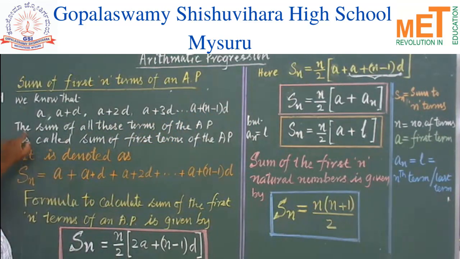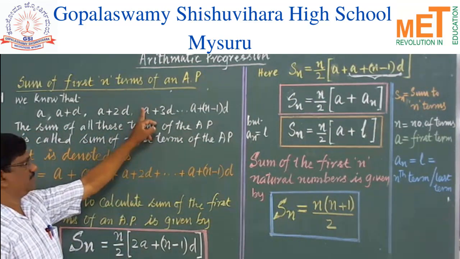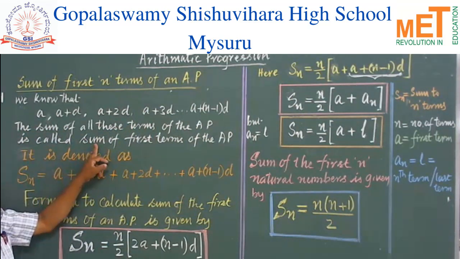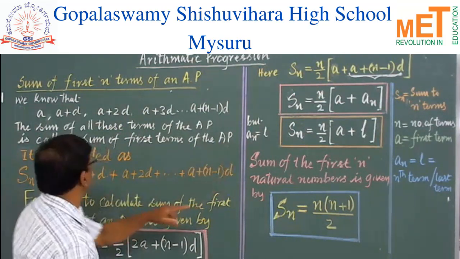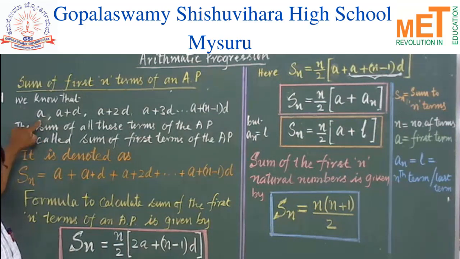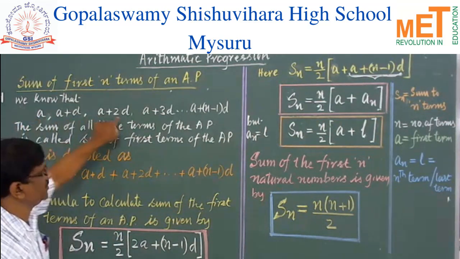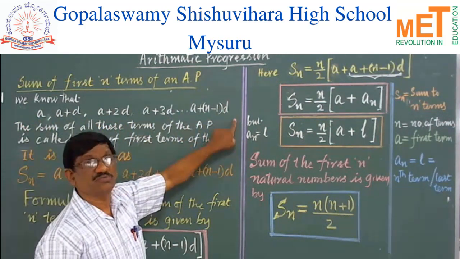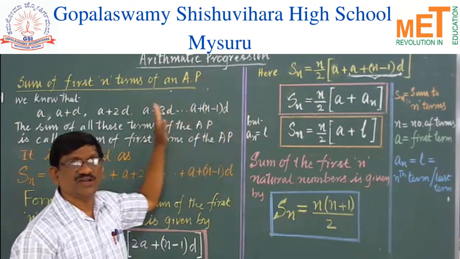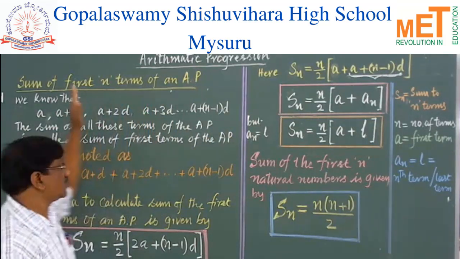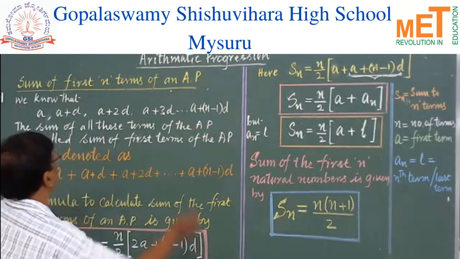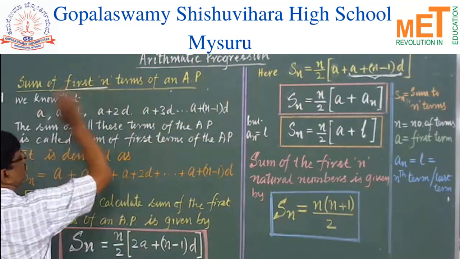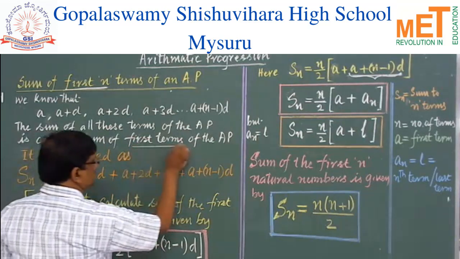The sum of all these terms of the AP is called the sum of the first n terms. Now you see here, it has started from the first term and continues till the end without a break. It has not started in between. Since it has started from the first term till the nth term, we call it the first n terms. Clear, children? First n terms.